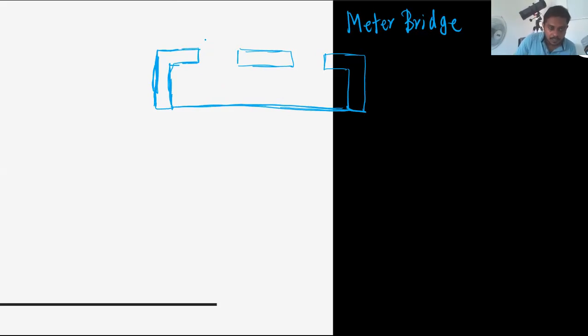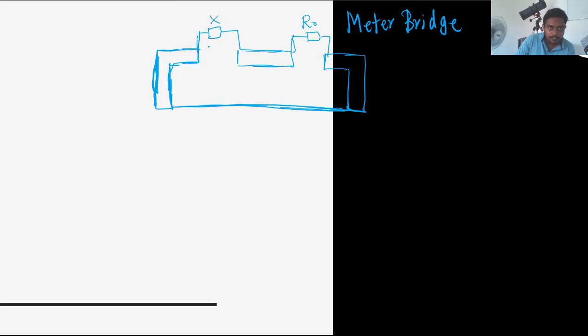Okay, so now I'm getting to the meter bridge. So what is happening in the meter bridge? We have one resistor here and another resistor here. One of these we don't know, and one of these we know the value.